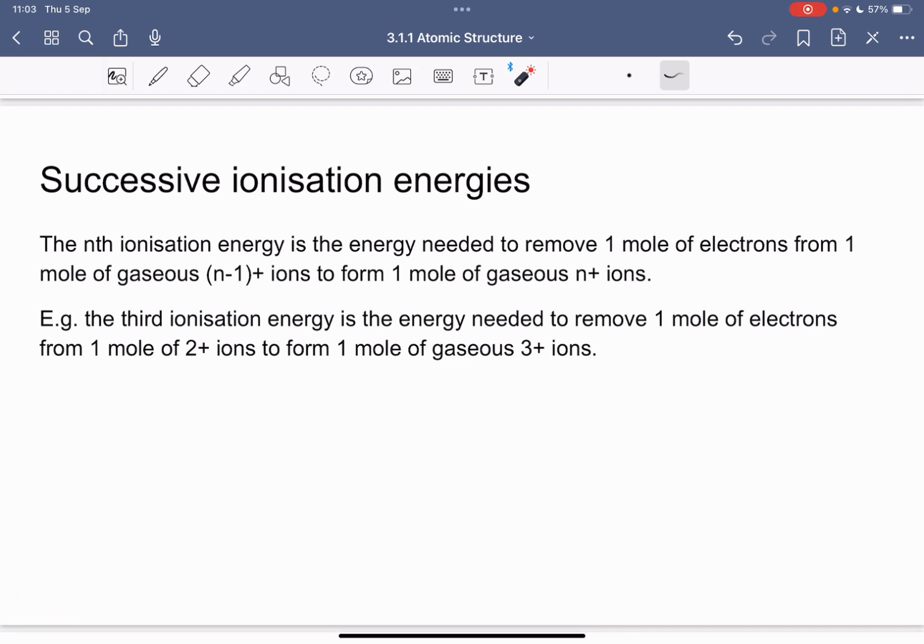Successive ionization energies. The nth ionization energy is the energy needed to remove 1 mole of electrons from 1 mole of gaseous n-1+ ions to form 1 mole of gaseous n+ ions. What you need to remember, if I write an equation as well for this one, so if I have the third ionization energy, I go from a +2 ion, let's just say M2+, to M3+ and an electron.